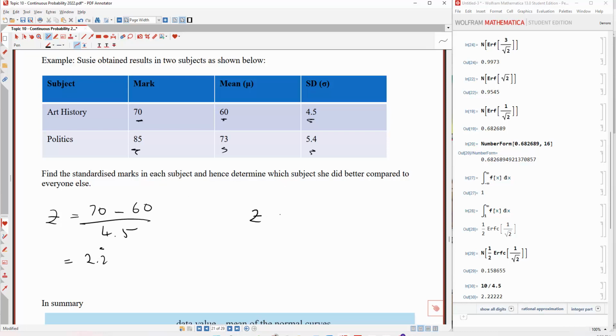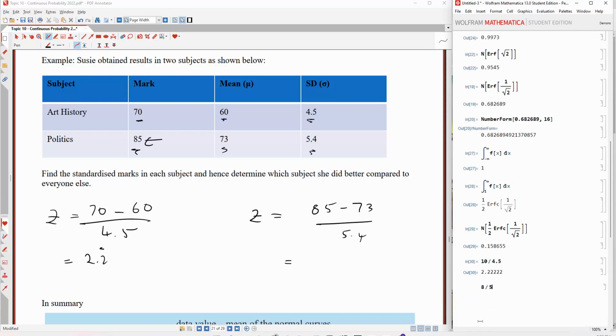Now let's try politics, which is 85. Outward appearances say this looks like the better result, but let's see whether it is. 85, take away the mean, over the standard deviation. That's 8 over 5.4, which is 1.48.